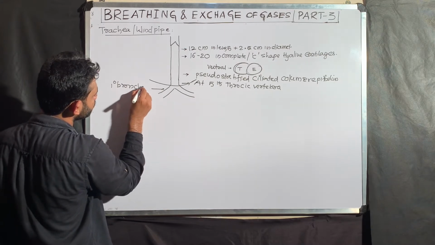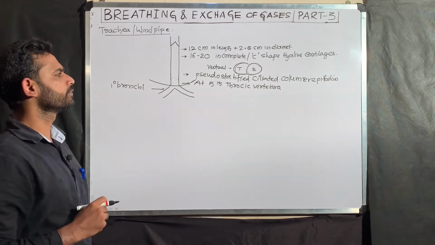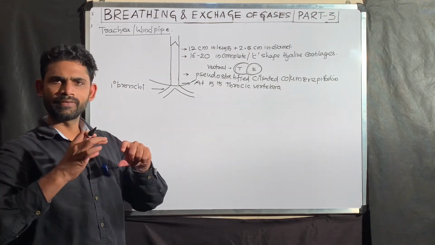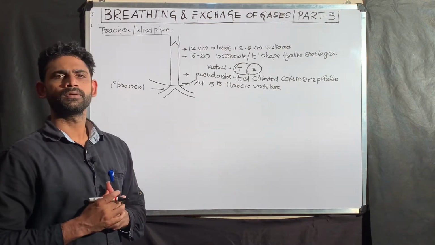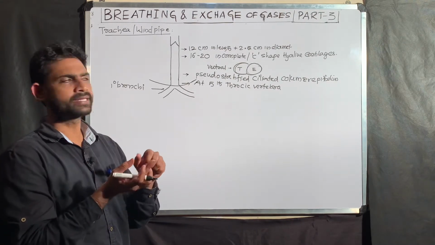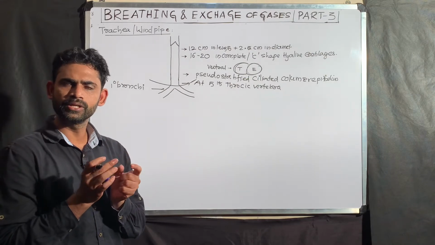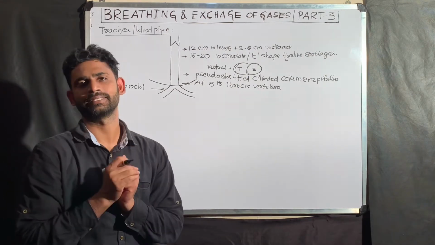This point is important for the exam. At the 5th thoracic vertebra, the trachea is divided into left and right primary bronchi. Each primary bronchus enters the corresponding lung.